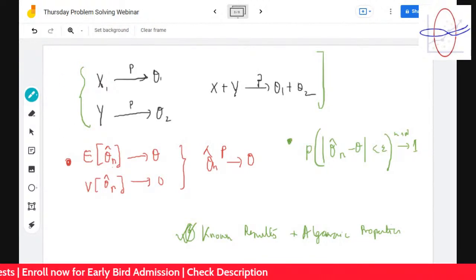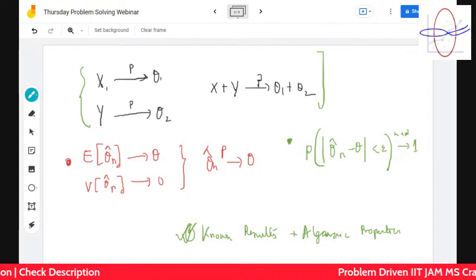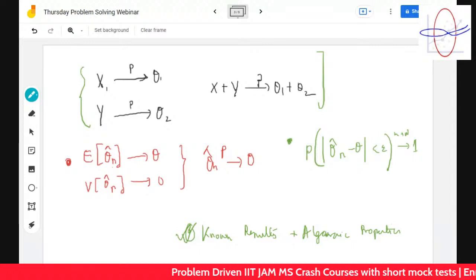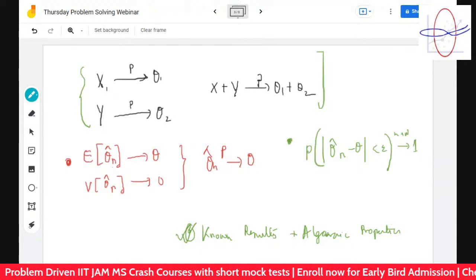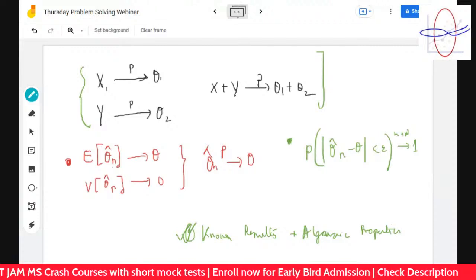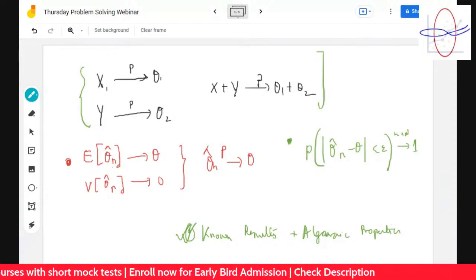Okay, so what are the convergence in probability properties? Let me give you the list of properties. I will just take it from Wikipedia because a comprehensive list is given over there, a lot of properties. Give me a minute.